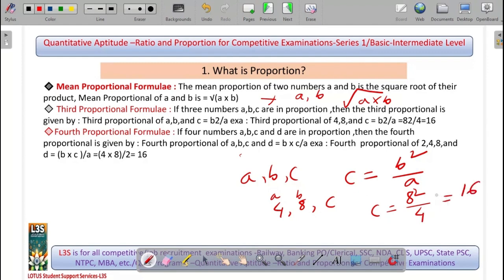This will be 16. So what will be the final ratio? 4, 8, 16.